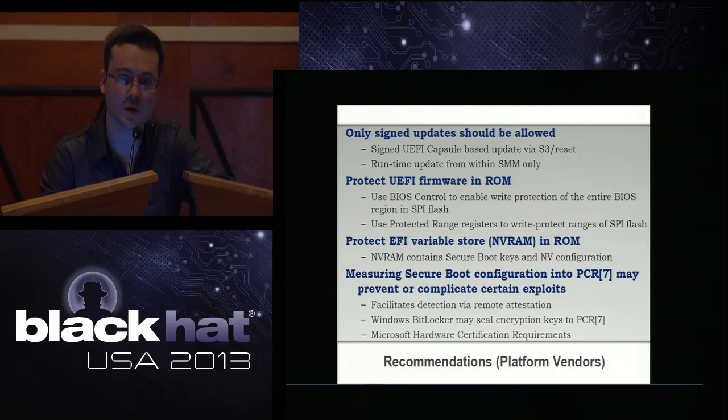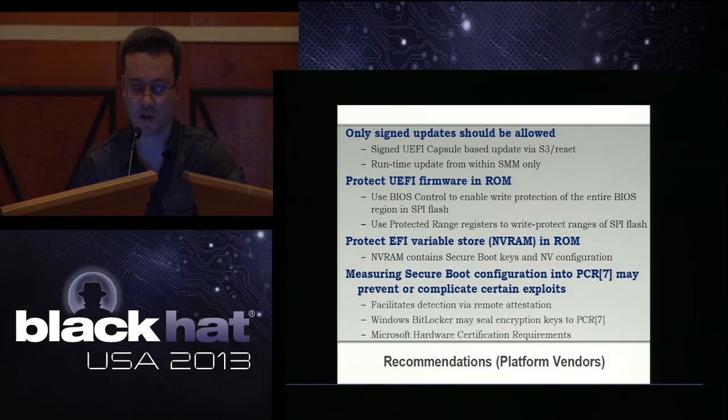The UEFI firmware has to be protected in ROM from direct modification, using one of the existing hardware mechanisms that the chipsets offer. And that includes not just the firmware, but also the UEFI variable NVRAM store in the ROM. Also, measuring secure boot configuration into PCR7 may prevent or complicate some of the exploits.